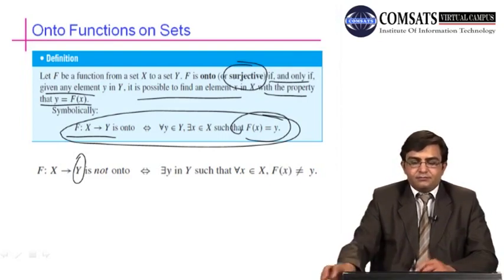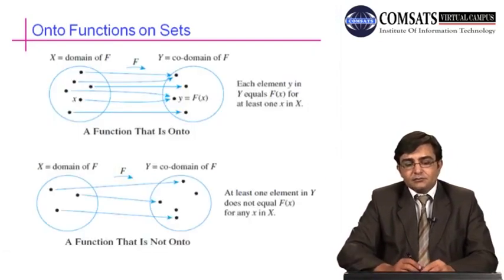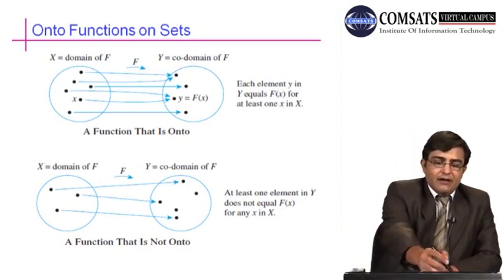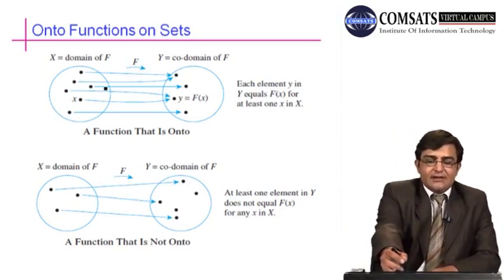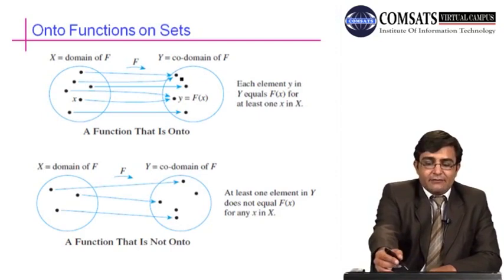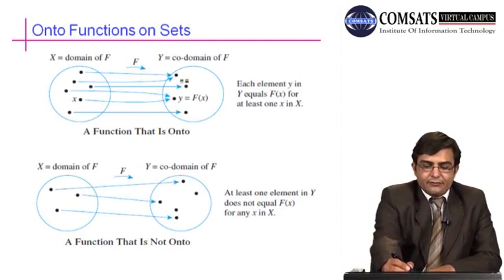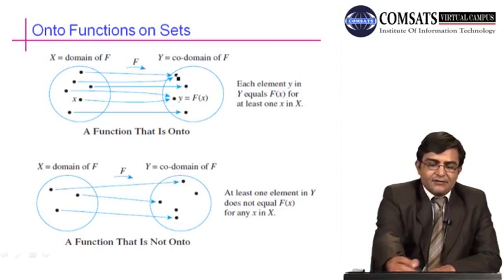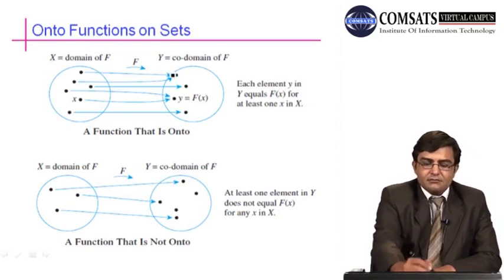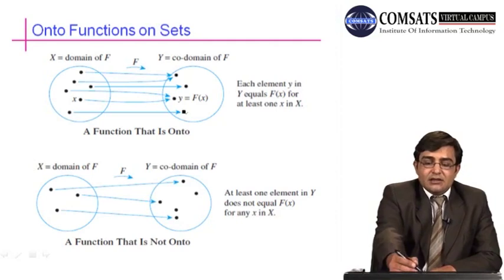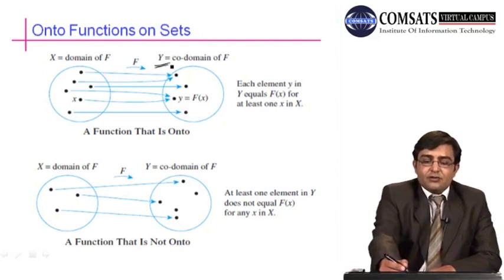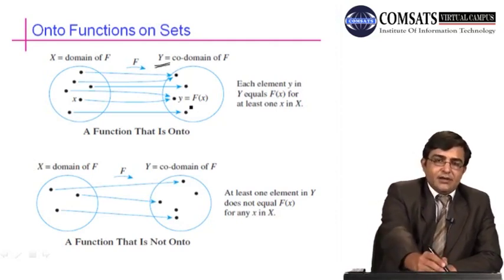For example, here, if we have this set and this set, the codomain set Y has 4 elements: 1, 2, 3, 4. Now every element has some preimage. So such functions are those in which every element of the codomain has some preimage.